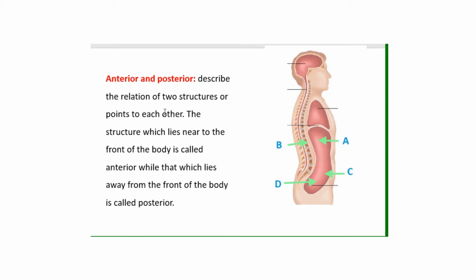Anterior and posterior, the relation of 2 points to each other: the point which is nearer to the anterior body wall, unlike superficial and deep, is called anterior, and that which is away is called posterior.